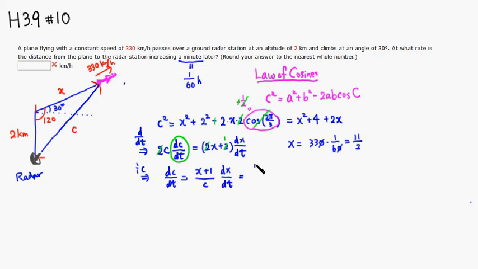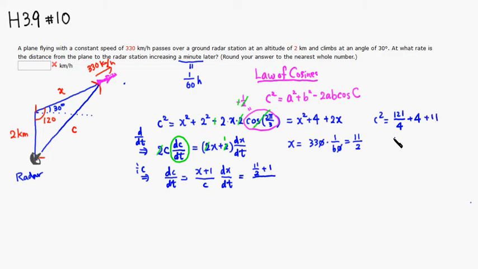So it's 11/2 plus 1, over c. And we also have to find c. We found x to be 11/2, so plug it in. c squared is equal to 11/2 squared, which is 121/4, plus 4, plus 11.